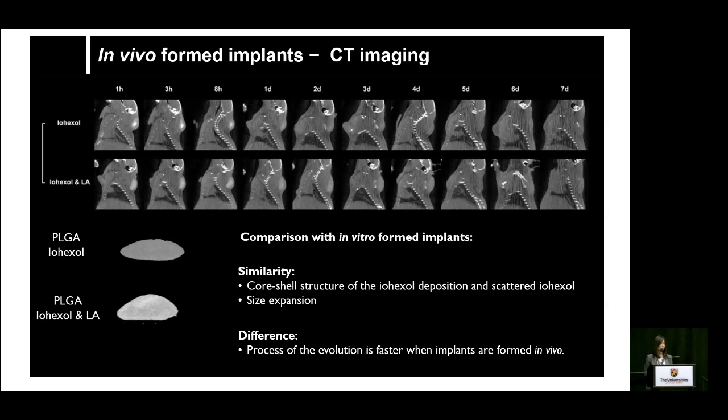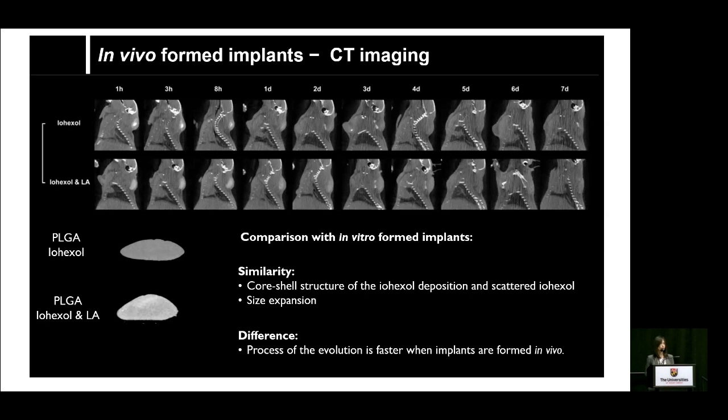We were able to monitor just 7 days, and after that the image was not as significant, as you can tell. And we took out the implant. You can compare these two. For Ihaxo, it's already down to a very homogeneous stage, and because of slow release of Ihaxo together with lupyl acetate, you still have some signal, you can see a bit better contrast.